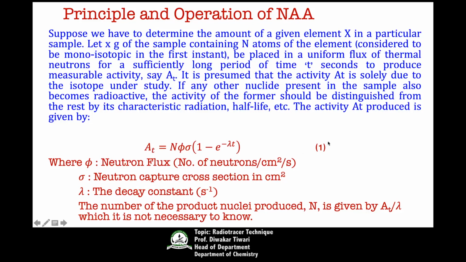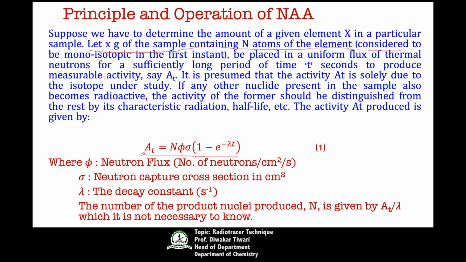The principle is that if you have x gram of sample containing N atoms of the element which you want to analyze, we take the sample to the neutron source and irradiate it for a time t. The total radioactivity generated will be equal to A_T = N φ σ (1 − e^(−λt)).